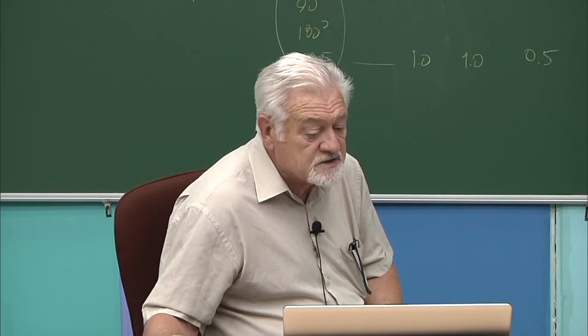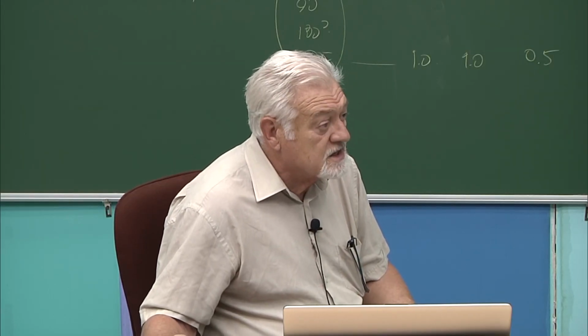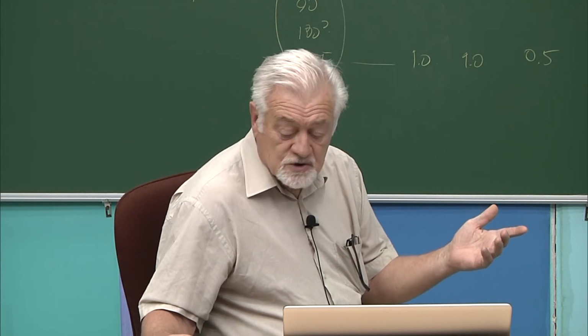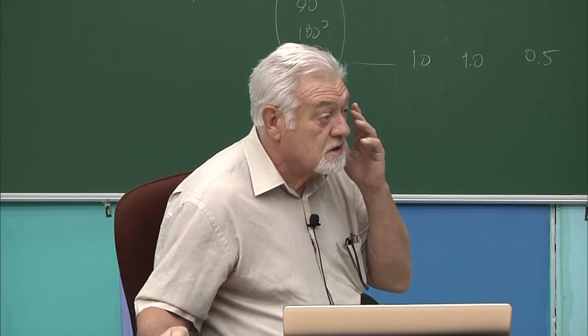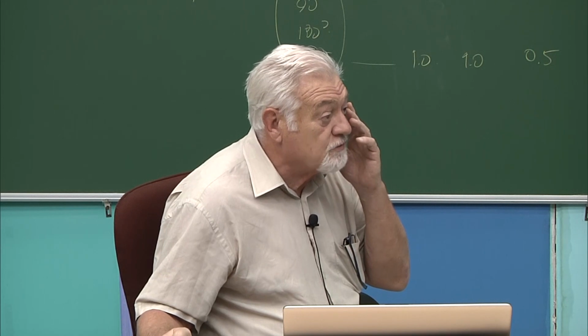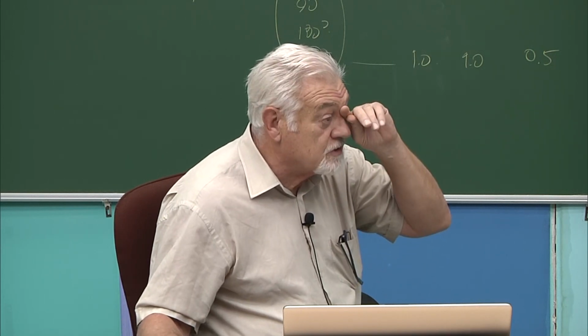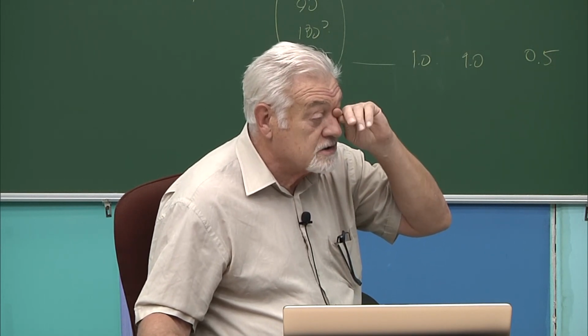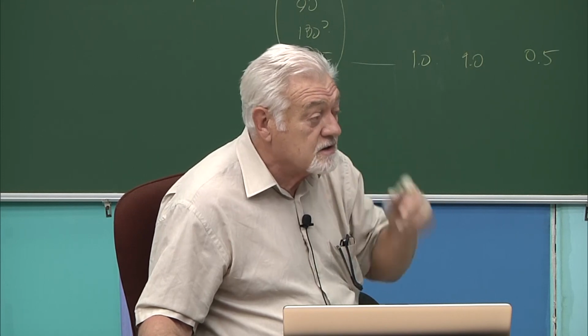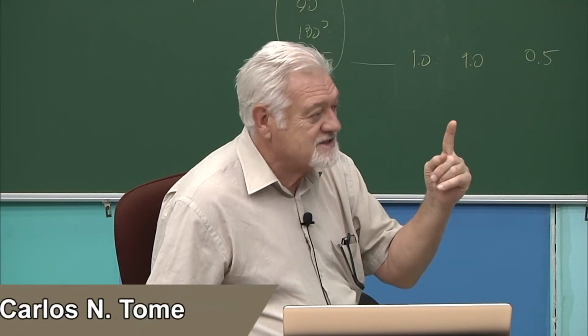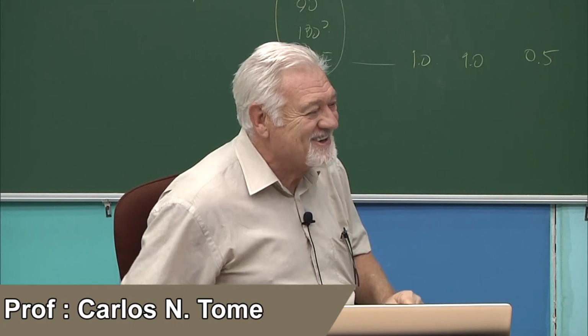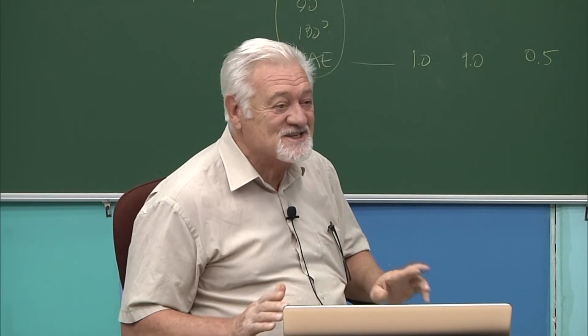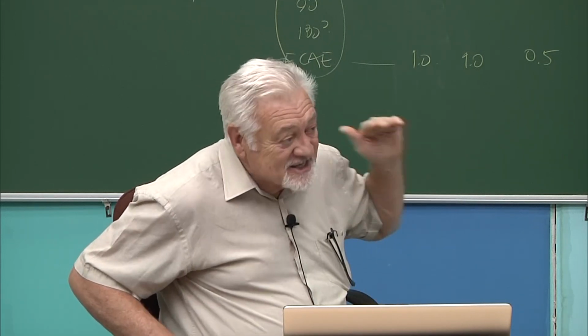The hardening is 1. Tau 0 is 1, so it could be 1 ton, 1 GPa, 1 MPa. It is 1 in some unit, as far as the units are consistent. It stays like that.